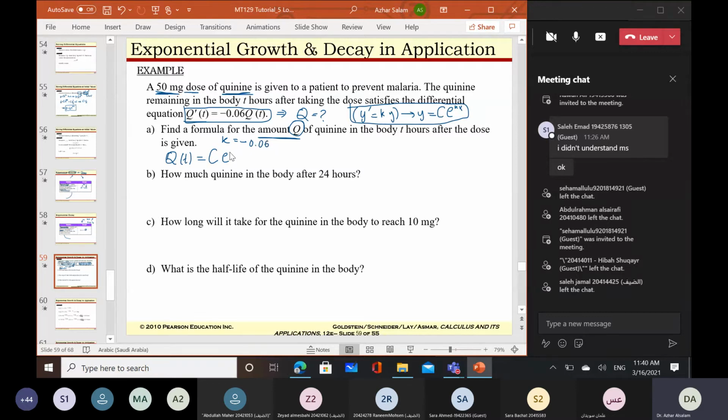So here, e to the power minus 0.06 multiplied by t. This is the same discussion as before. Remember always to multiply the exponent by the variable. Here it's k multiplied by t.